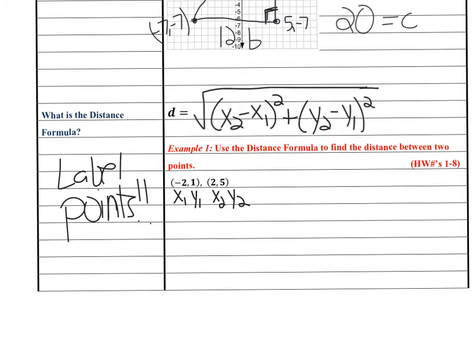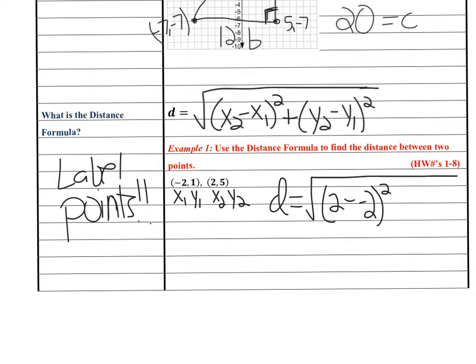So if we're plugging in our numbers to our formula, I'm going through this pretty quickly. Stop me if you need me to. I'm drawing the giant square root, and then in parentheses, I'm supposed to do my x2 number. That would be 2 minus my x1 number, so minus -2, and then square it.